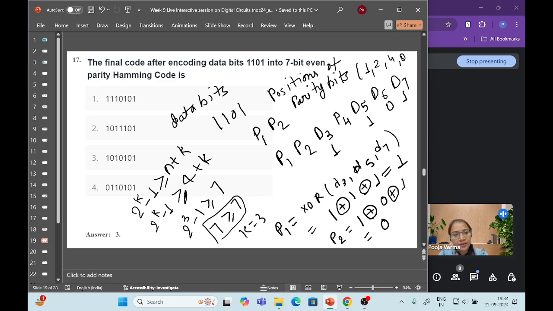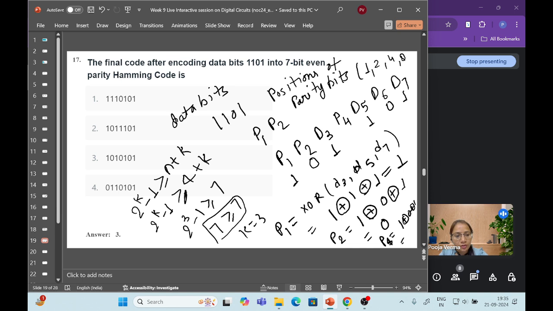So P1 we have got 1, P2 we have got 0. Now similarly we need to find P4. P4 is the XOR of the 3 positions, so these are the 3 positions: 1 XOR 0 XOR 1.